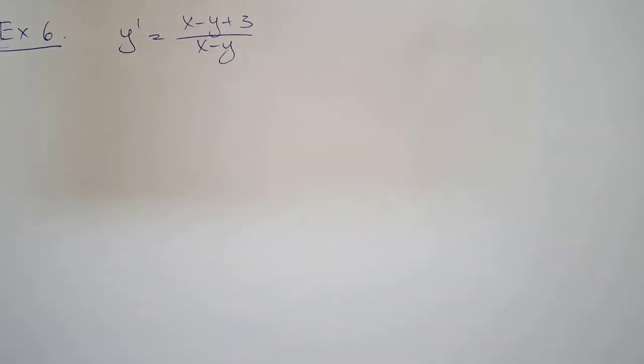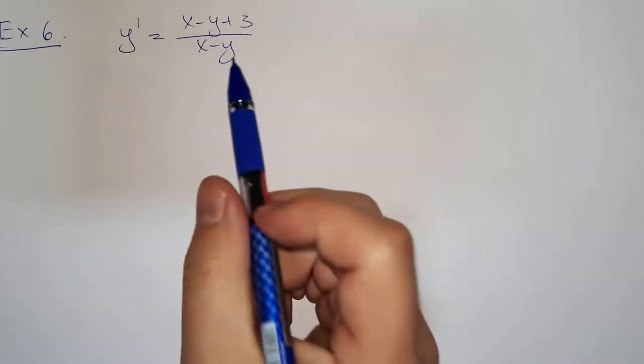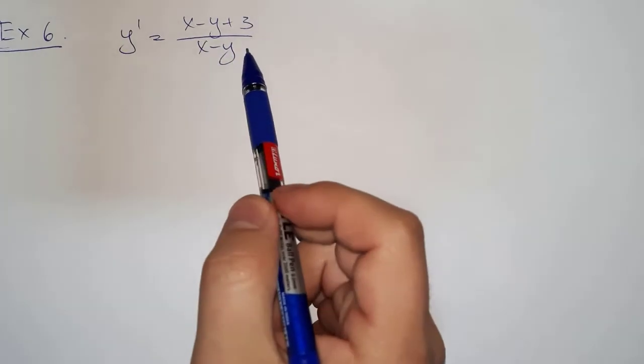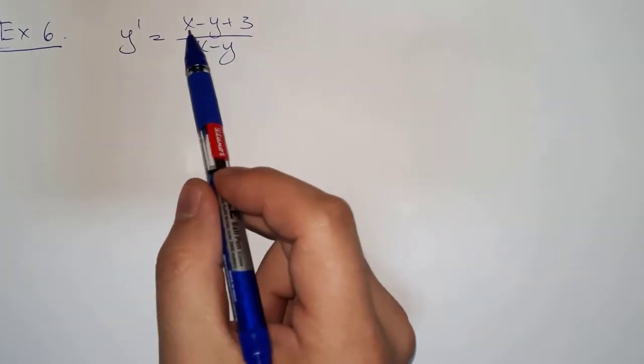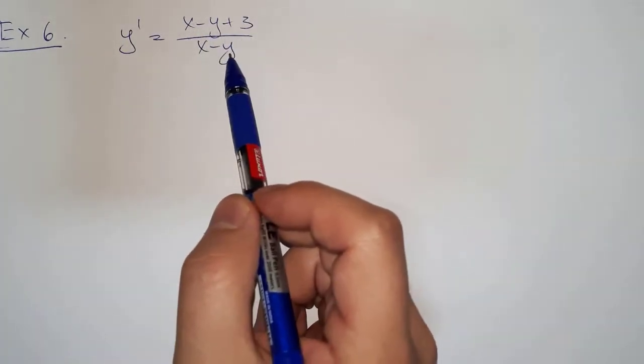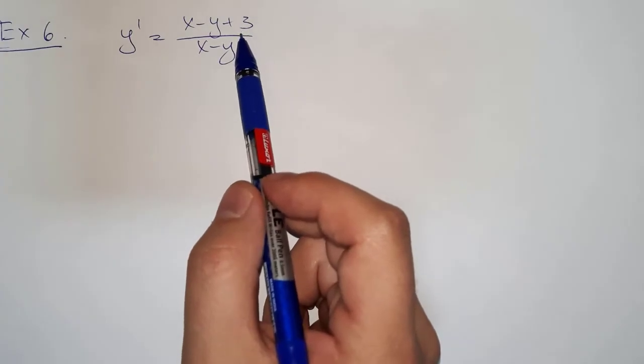Okay, so in this case, look here, in the fraction, if we consider them as two lines, we have two parallel lines, x minus y plus 3 and x minus y, in the numerator and denominator respectively.